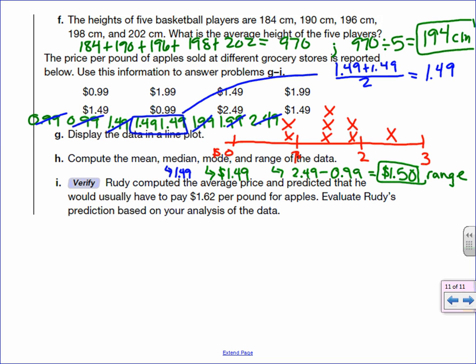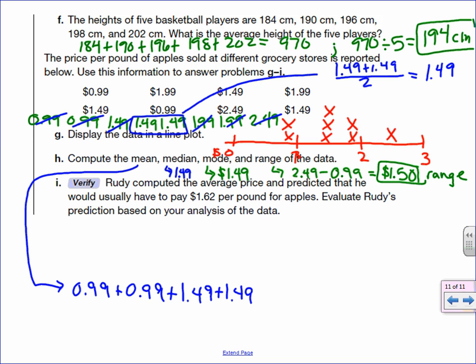And then the last thing to do is find the mean. So we're going to take 99 cents plus 99 cents plus 149 plus 149 plus 149 plus 199 plus 199 plus 249.